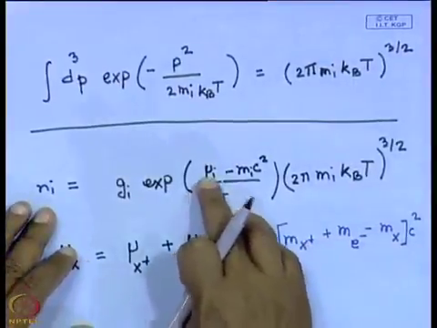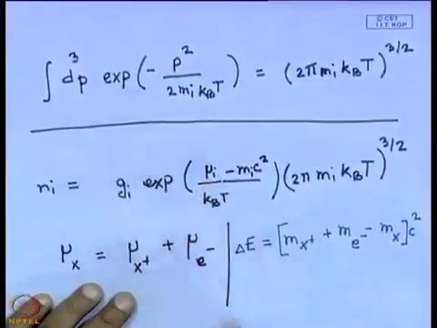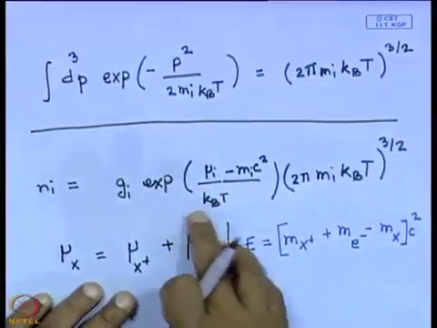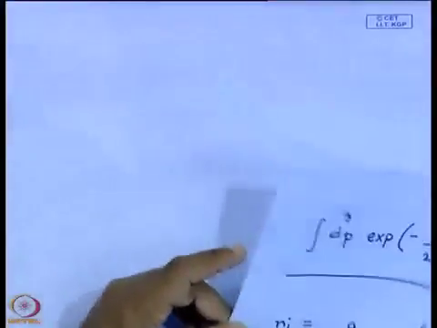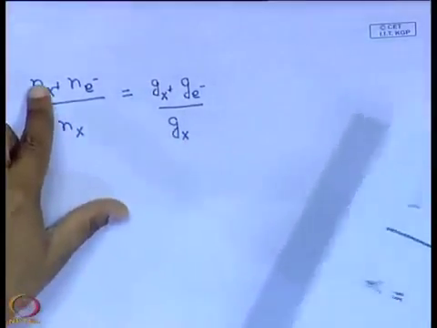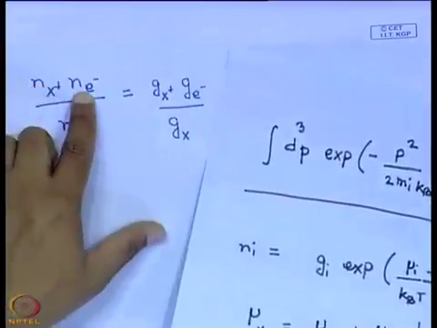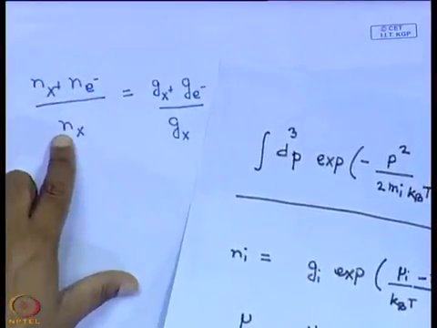Then we will have the ratio of exponential mu by kT for this species into that of this species divided by that of this species.